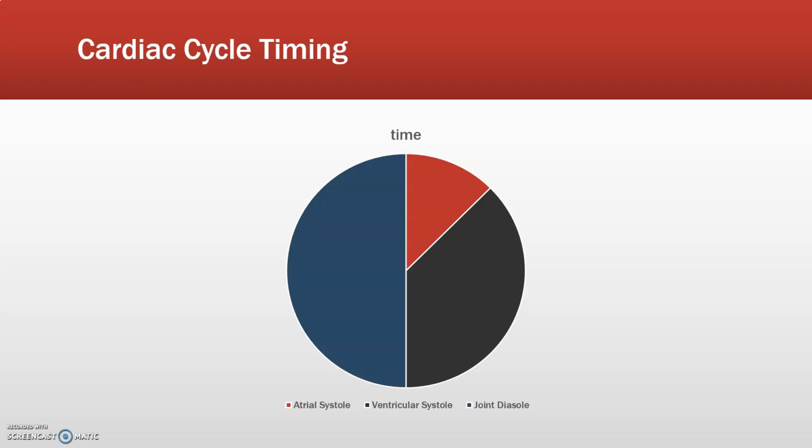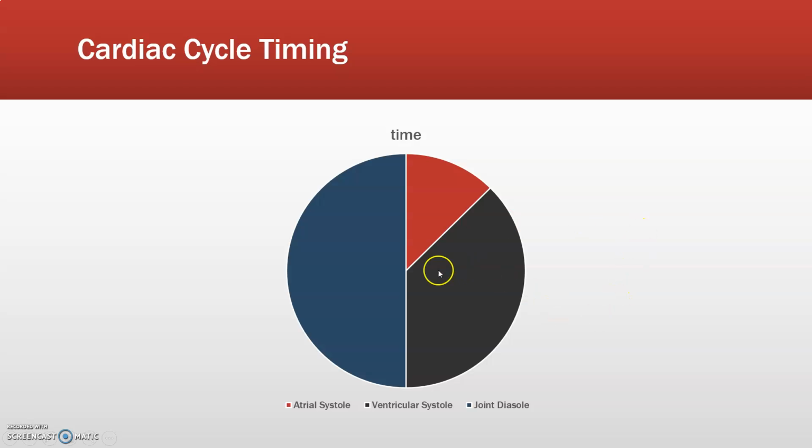Atrial systole is the time in which the atria receive the message from the SA node and start contracting. It increases the flow of blood by approximately 30%. In this time, the AV valves are open, but the semilunar valves are closed.